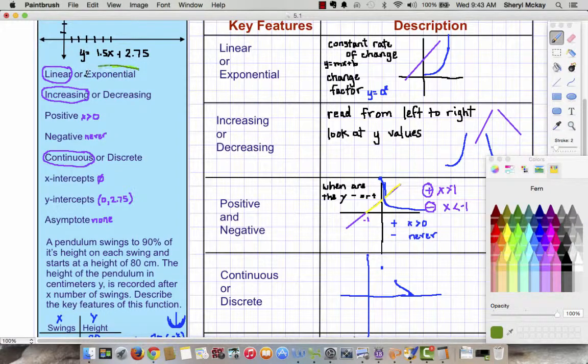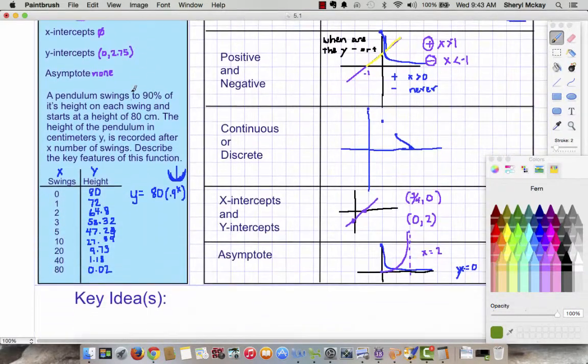It's exponential. We can tell by looking at our graph that there is not a constant rate of change. Instead, we are multiplying by 0.9, and that's our change factor. That should be our key to tell us that this is not linear, it is exponential.